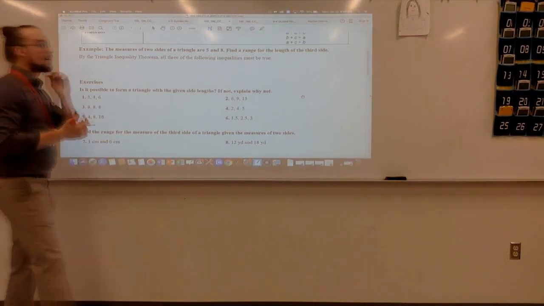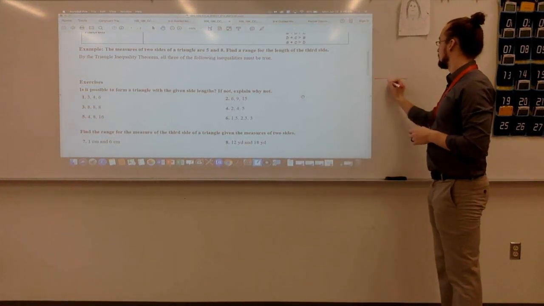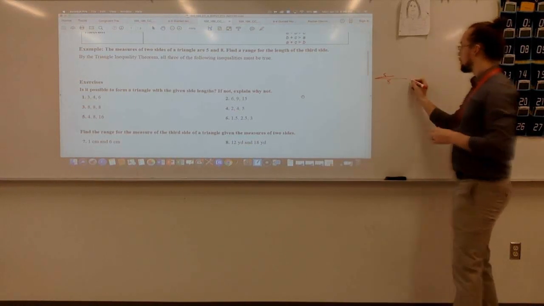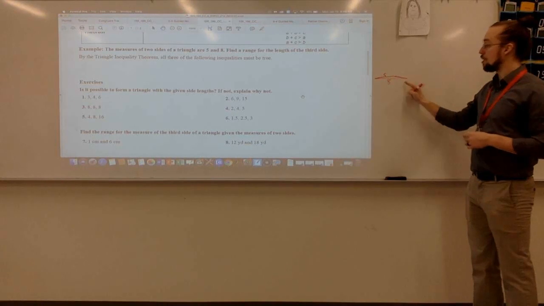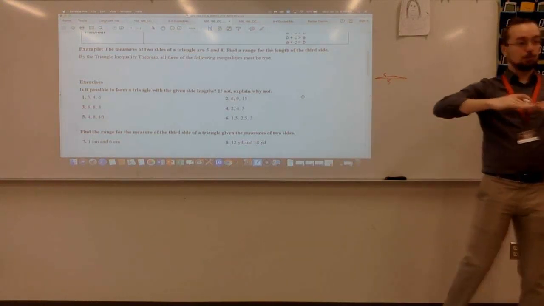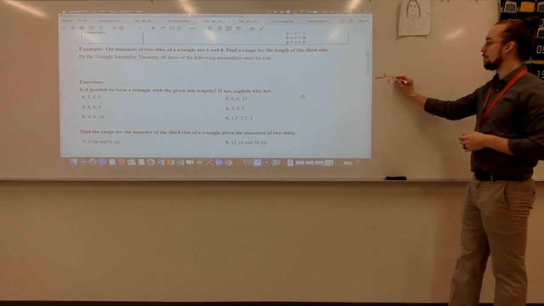So we said, if we've got sides of 8 and 5, so we have something like this, we want to find the smallest that this third side could be. The smallest would be something like this, with a real small triangle, real big angle up here.